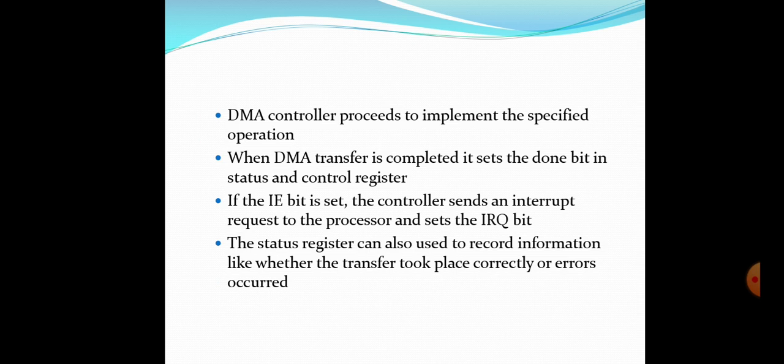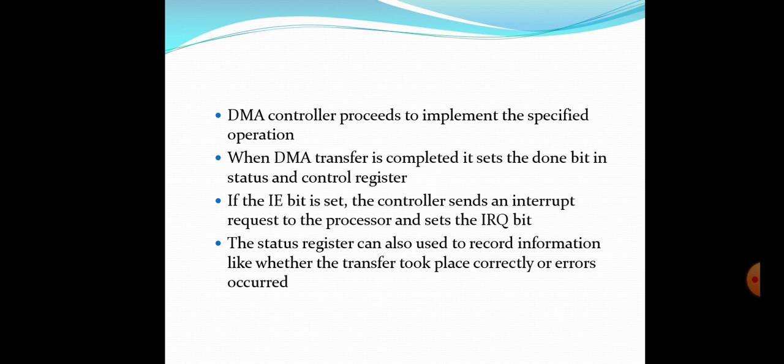Next, the DMA controller proceeds to implement the specified operation, that means the read or write operation. As the starting address and number of words are available, it can proceed to do the action. When the DMA transfer is completed, it sets the done bit in the status and control register. I already told about the function of this done bit.